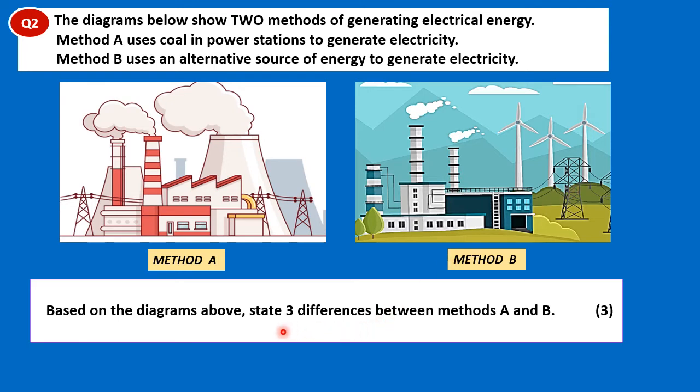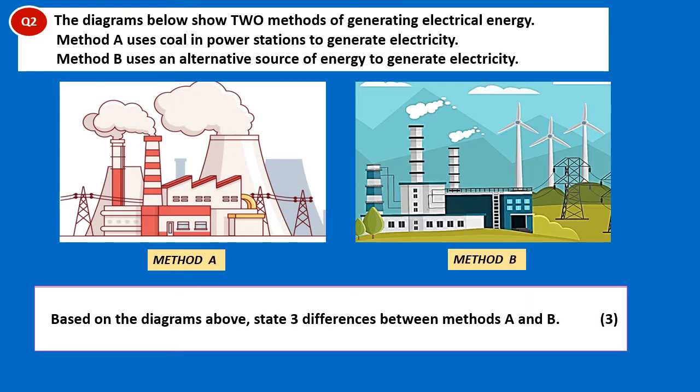So based on the diagrams above, state 3 differences between methods A and B. Okay, so for essay questions like this, you can draw a table, okay, to compare the method A and method B, okay, to compare and give 3 important differences between method A and B. All right, so you can try the question yourself first, pause the video and try the question, okay, and we'll look at the answer afterwards.